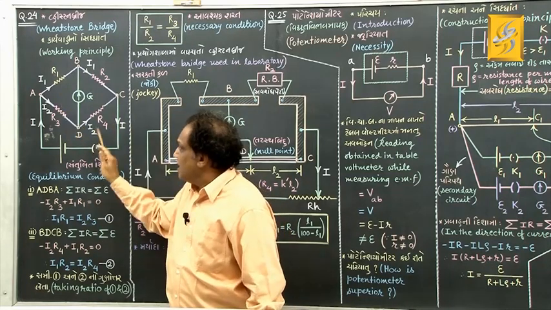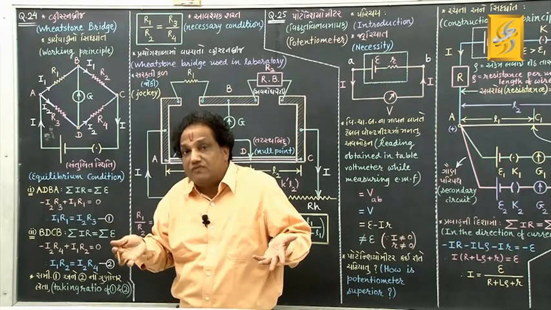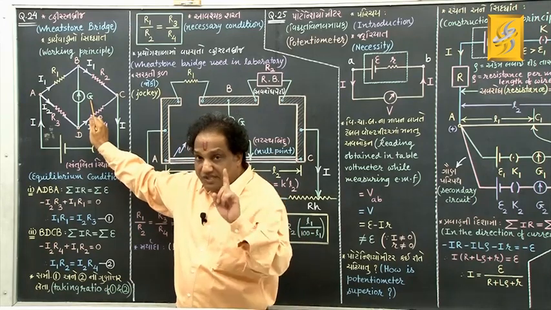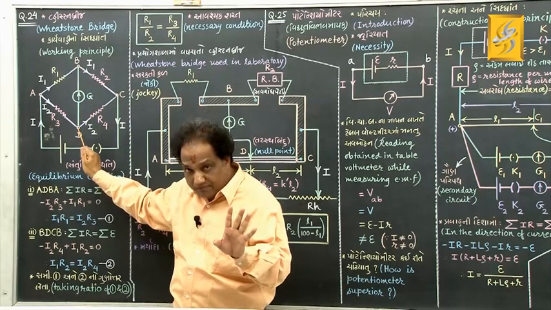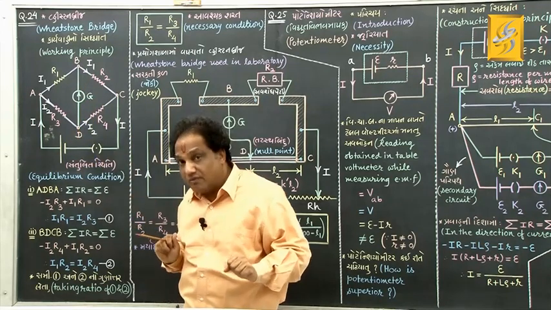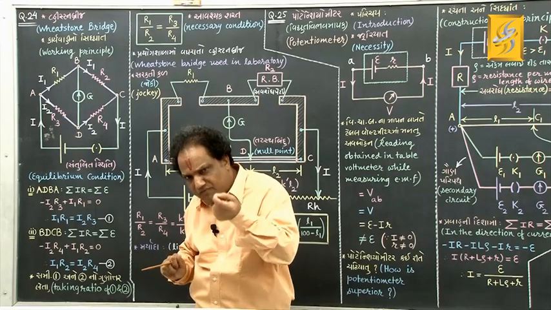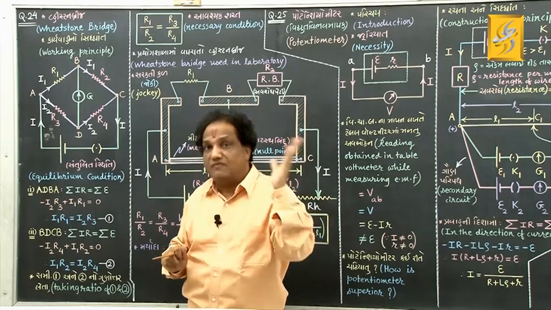Now after forming a quadrilateral out of these four resistances, what extra connection do we have to make? I am showing you. We are supposed to connect one sensitive galvanometer across the two endpoints of one diagonal. What do you mean by sensitive galvanometer? It is that galvanometer through which even when a very small current passes, it would show you immediately a large deflection.